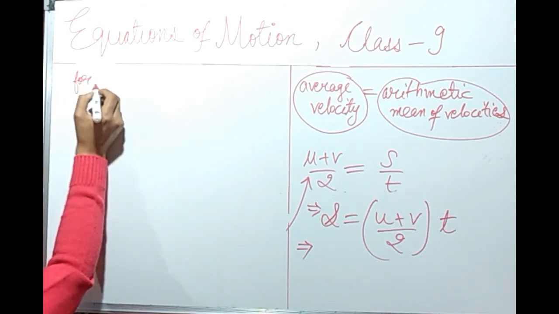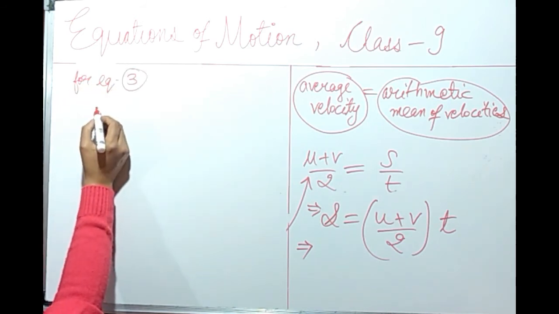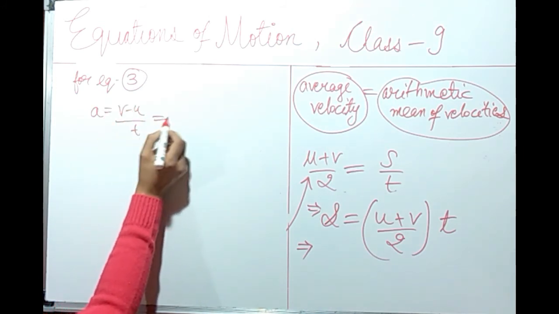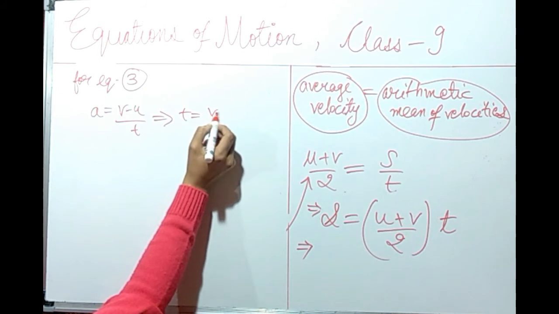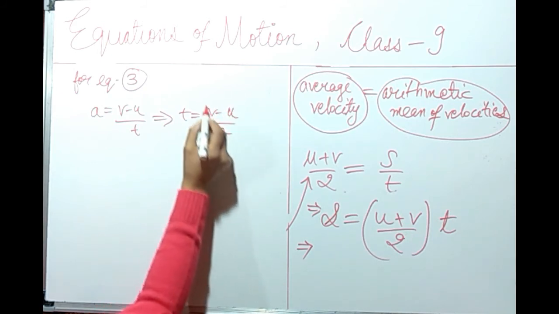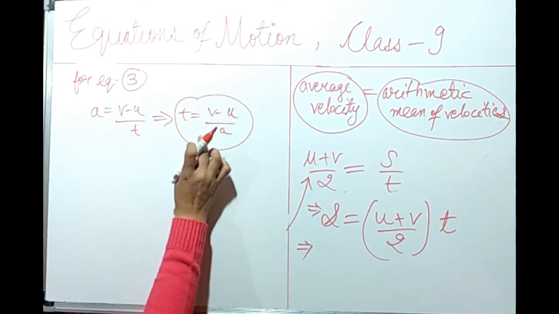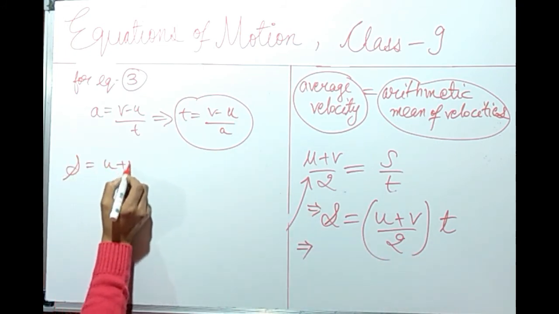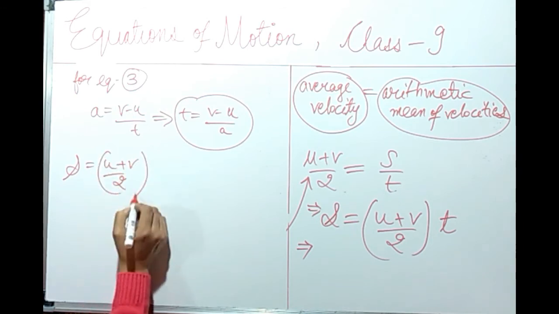For equation number 3, by definition of acceleration, a equals v minus u by t, so t equal to v minus u upon a. Substitute this value of t here. S equal to u plus v by 2.